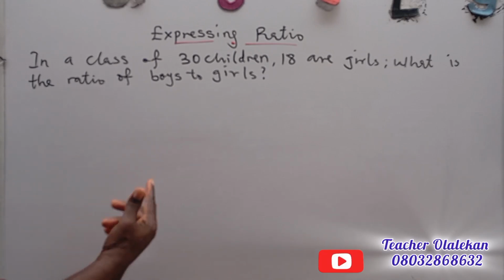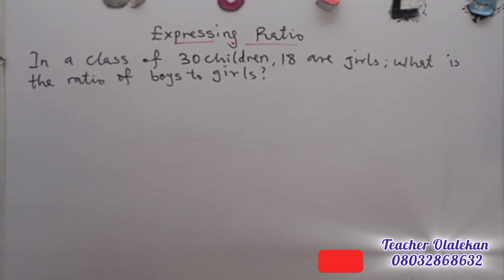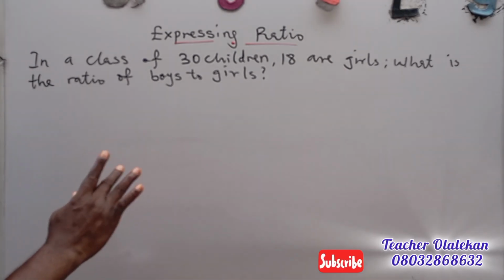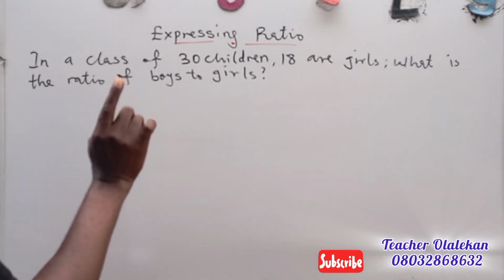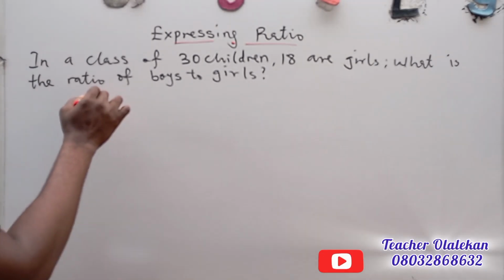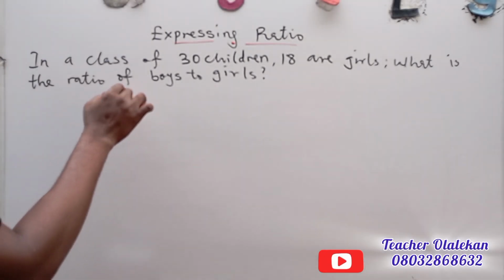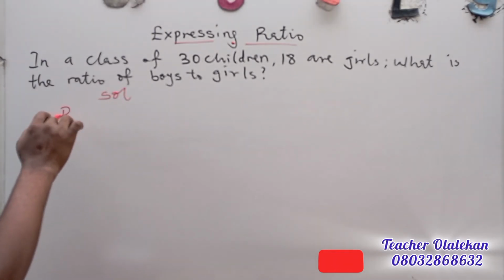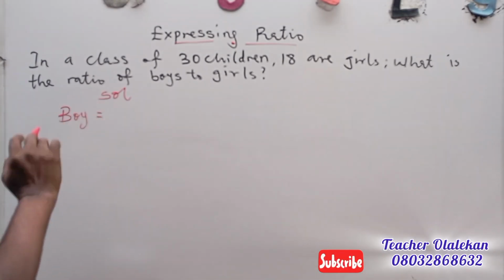If you check this question very well, you will see that the number of boys is unknown. So to get the boys, first you can do the total minus the girls.